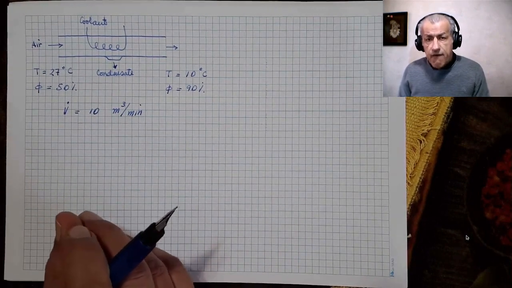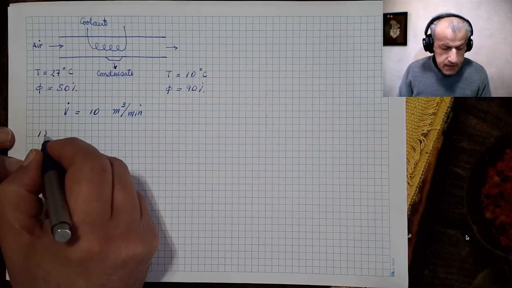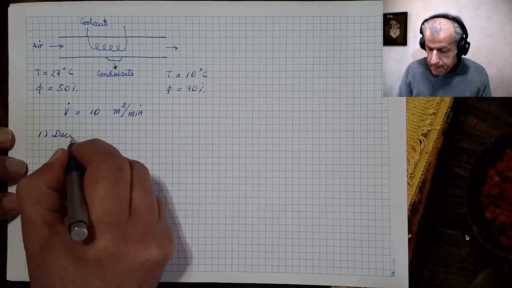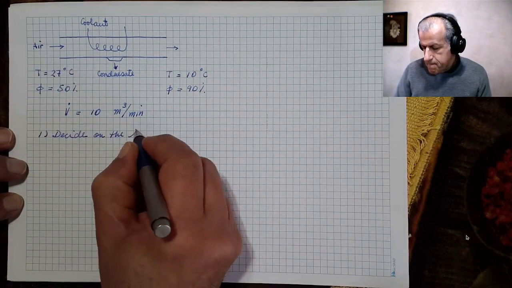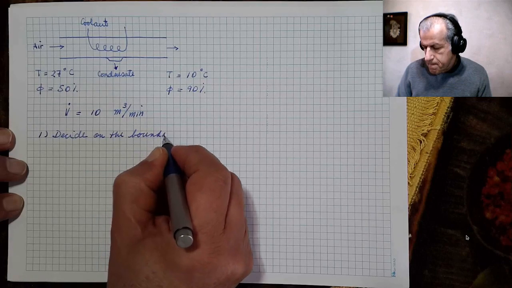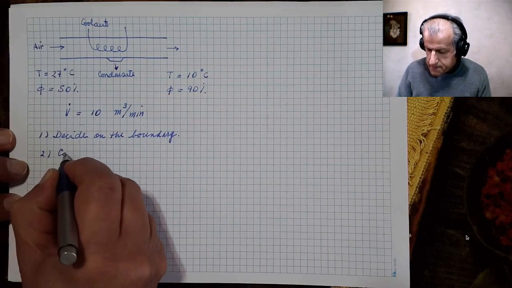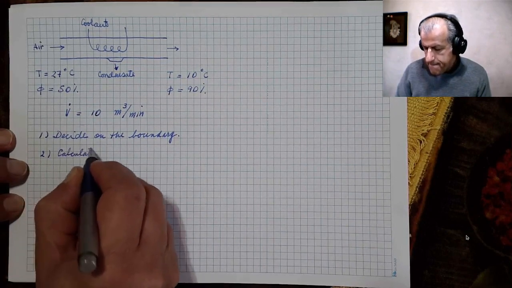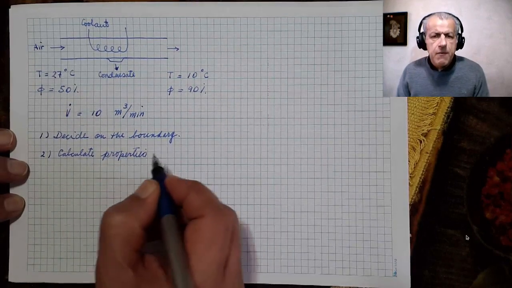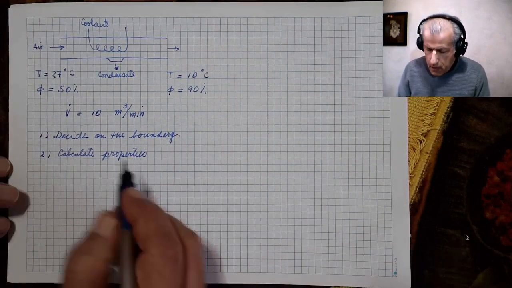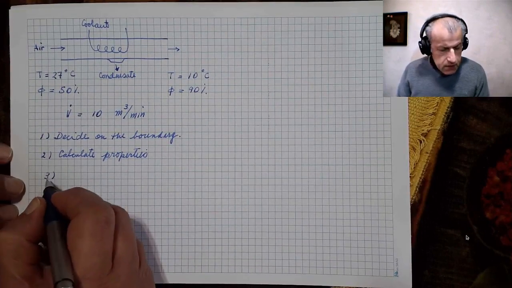Just like every problem, the humidity problem or air conditioning problems, we shall follow 5 steps. And I would repeat those steps for you as I have done. First, decide on the boundary. Second, calculate properties, or read them from a chart or from a table or however you do it. Third, draw a diagram.